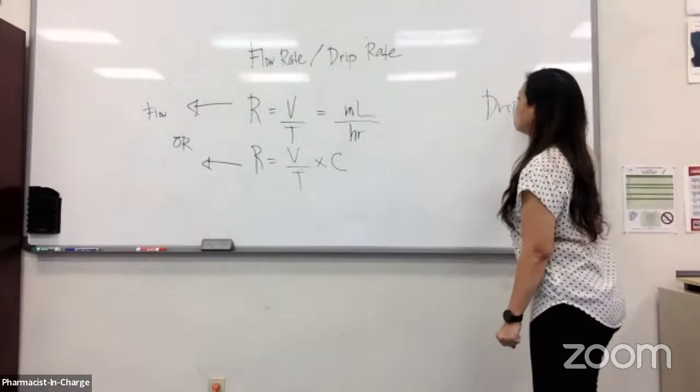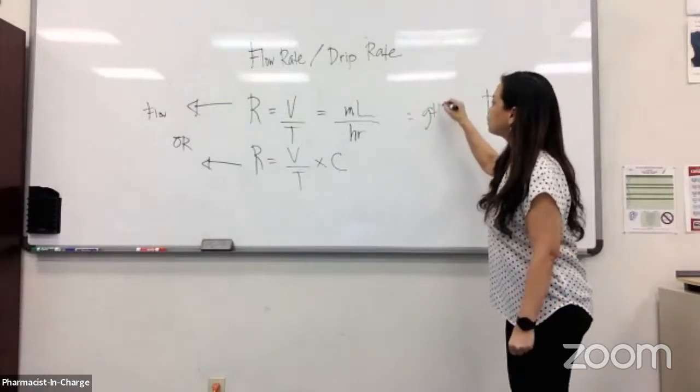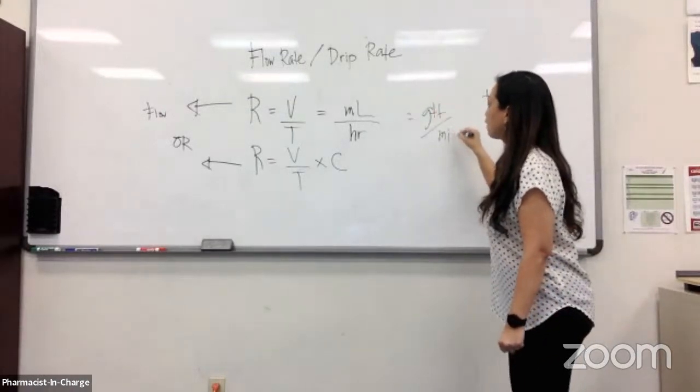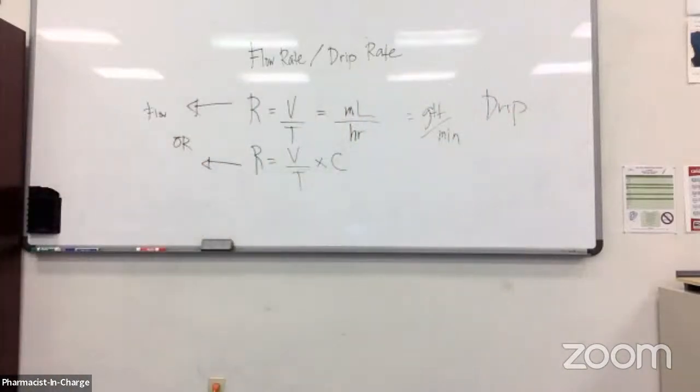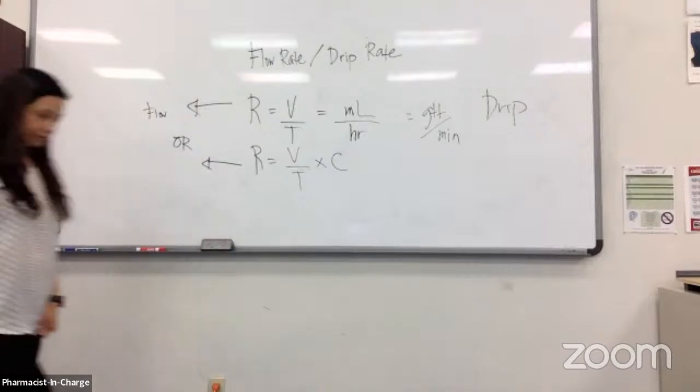It will be drops per minute. The smaller version of a flow rate is drip rate: drops per minute.